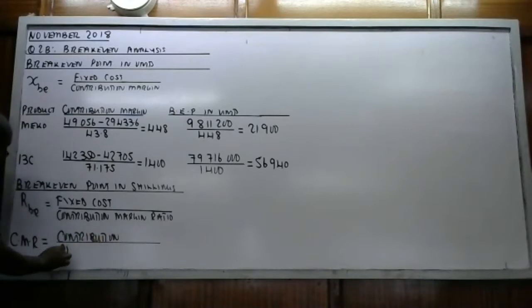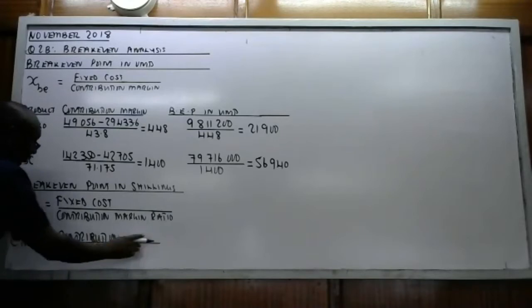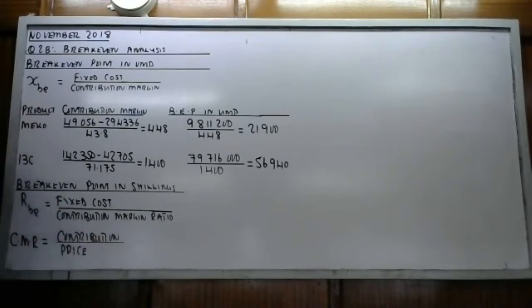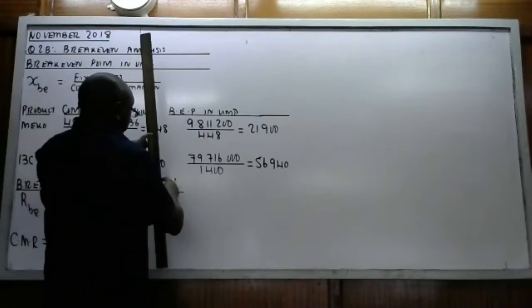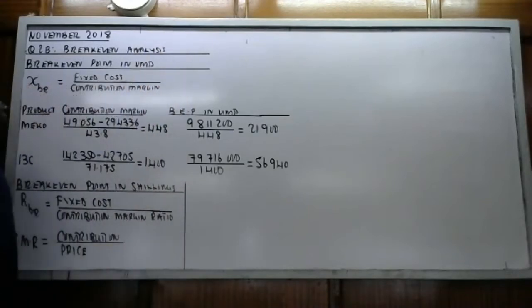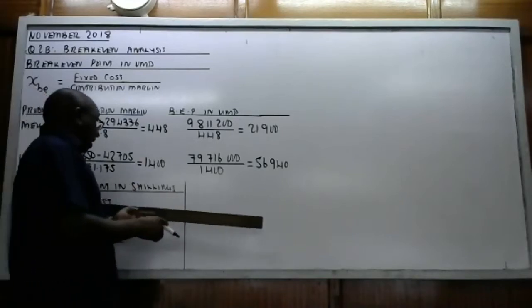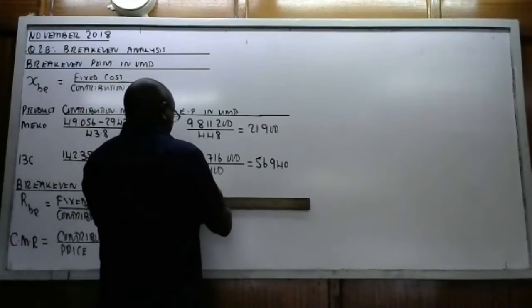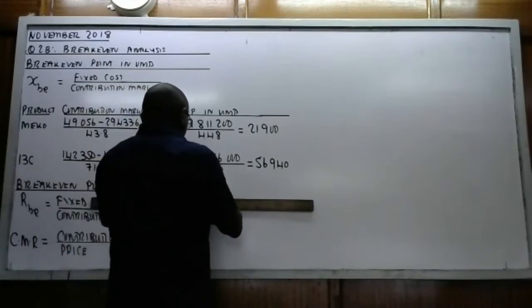You divide by the price. You can either work it in total or by units. And I want to go by units so that once again I come here.